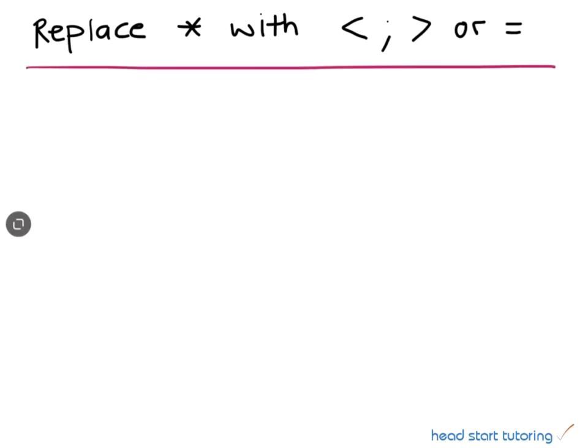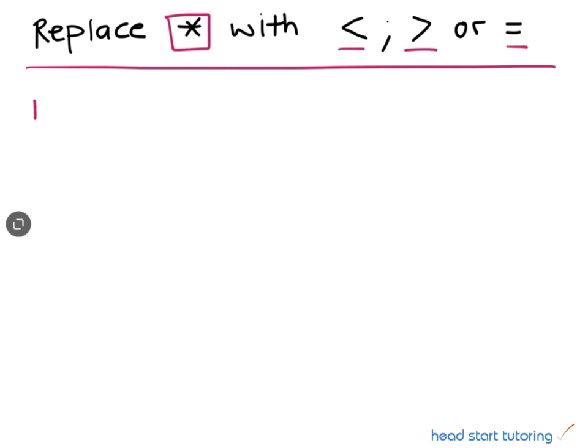If we need to replace the star in a certain question with smaller than, bigger than, or equals to, we need to consider both numbers and make sure we first get them into the same form before comparing them.